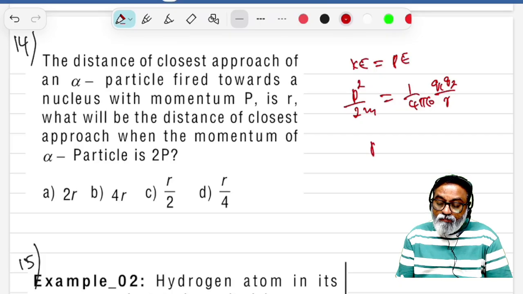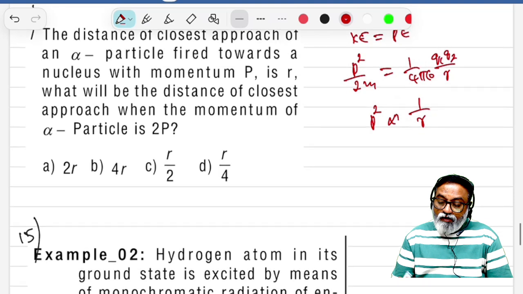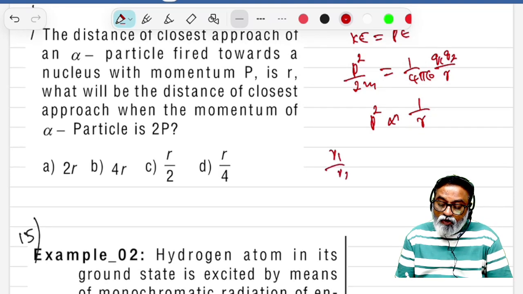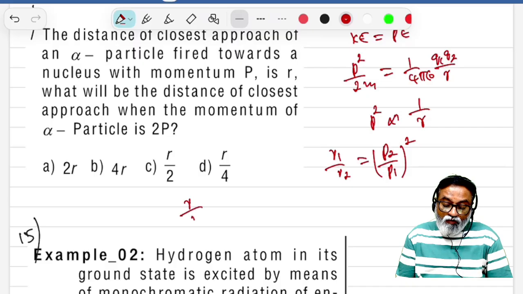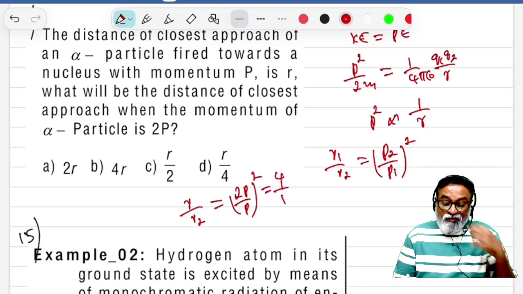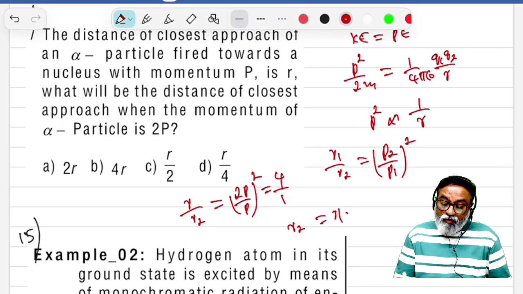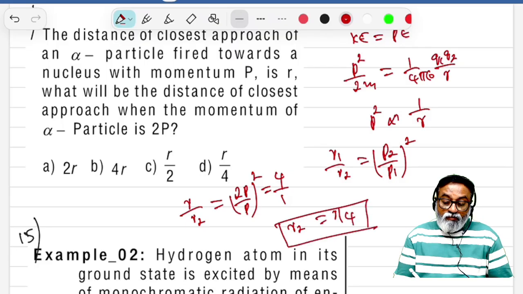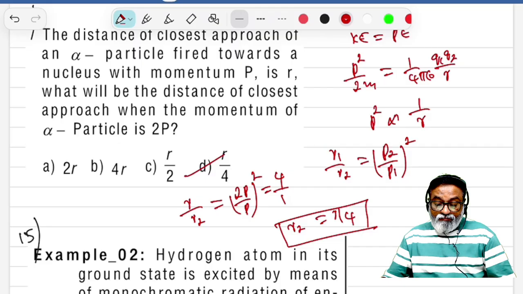Therefore, p square is proportional to 1 by r. Therefore, r1 by r2 is equal to p2 by p1 whole square. Here r1 is r. We have to find out r2. p2 is 2p, by p, whole square. This is 4. Therefore, 4 by 1. Therefore, r2 is equal to r by 4. Therefore, answer D is correct.